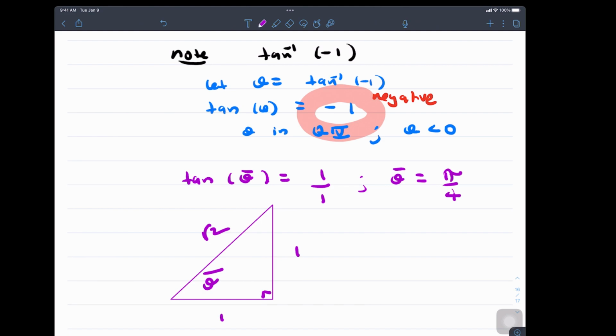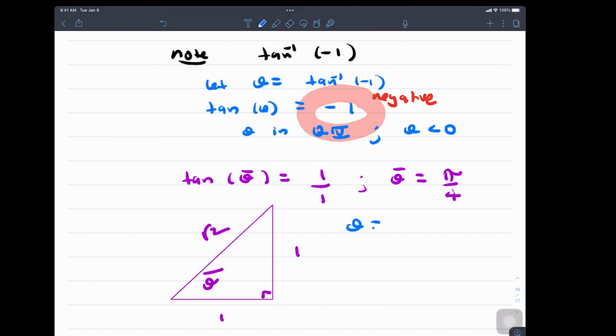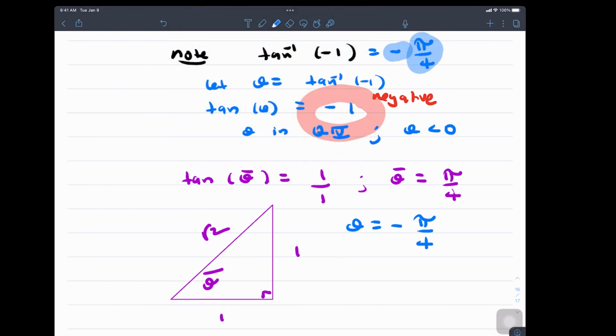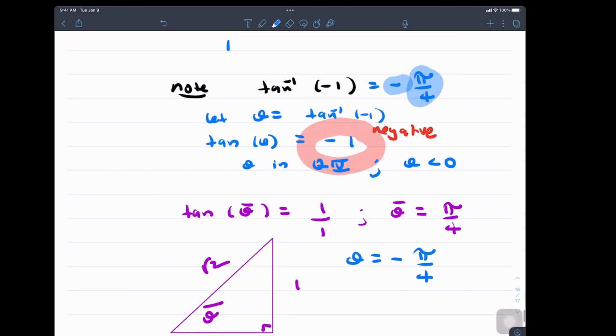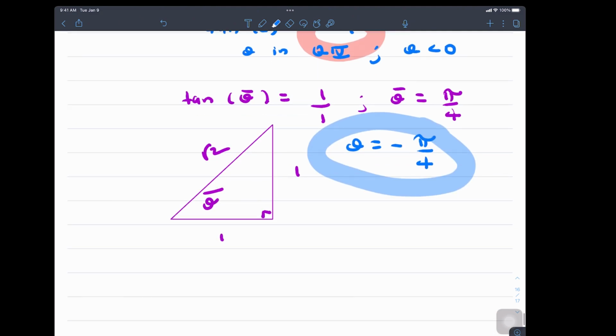Okay? Final answer. What's theta? Negative pi over what? 4. There you go. Okay, you guys okay with that one?